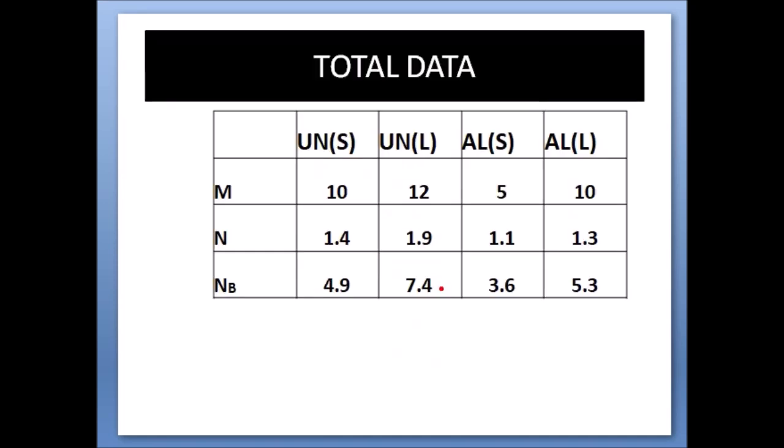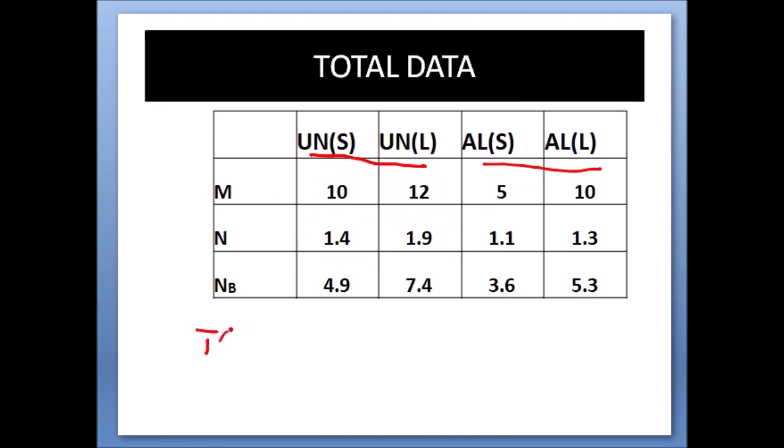From this table, M value is 10 for unevenness short chord, and 12 for unevenness long chord. Similarly, N value is 1.4, 1.9, and NB value is 4.9, 7.4. This data is related to unevenness short chord and long chord, and this data is related to alignment.